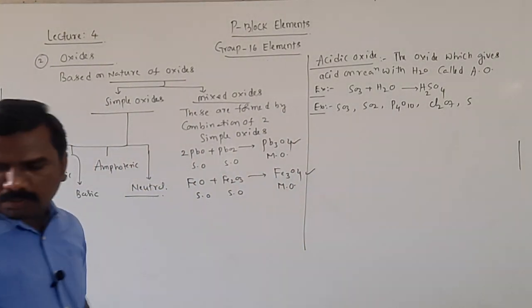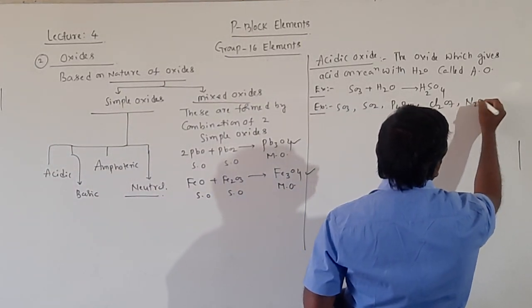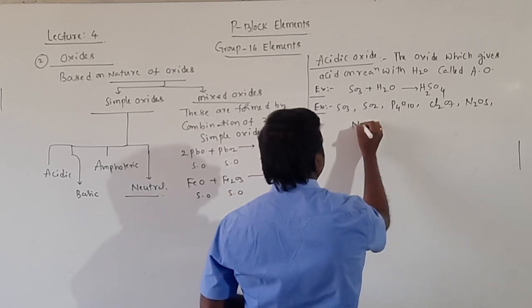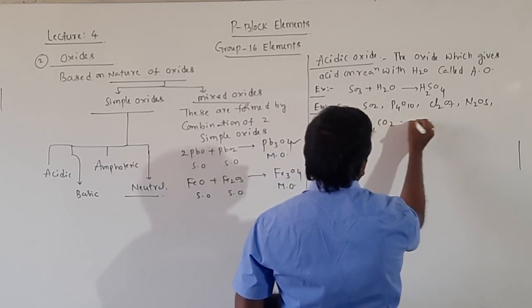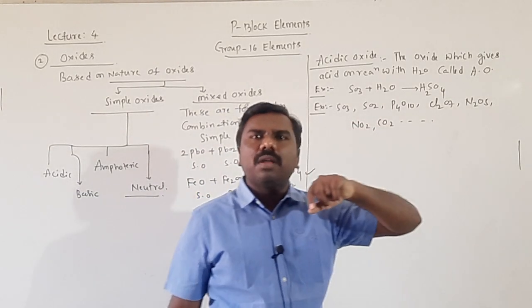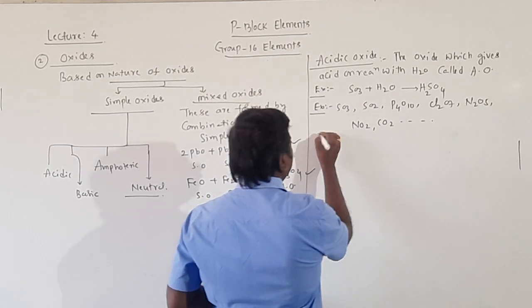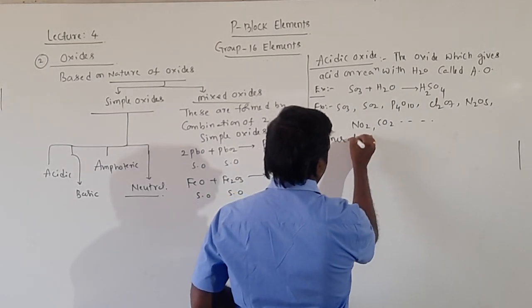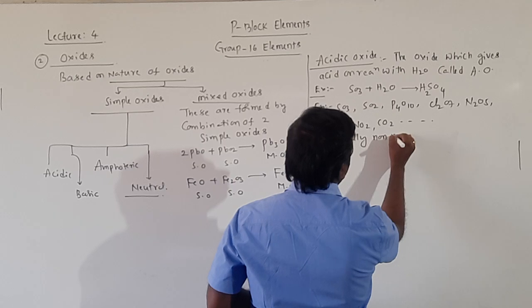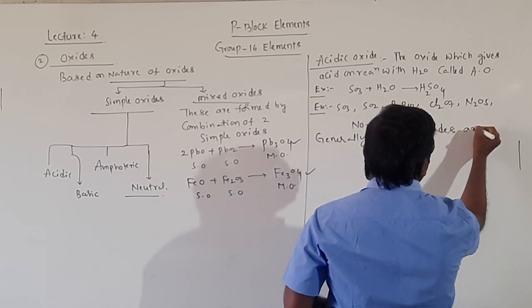Also N2O5, NO2, CO2, etc. Generally, sulfur, phosphorus, chlorine, nitrogen are all non-metals, and their oxides are acidic. Generally, non-metal oxides are acidic.